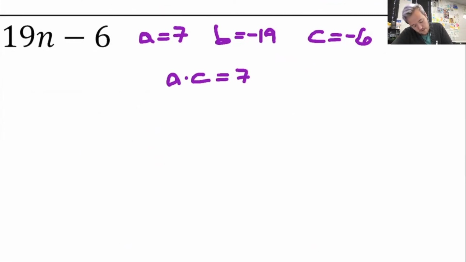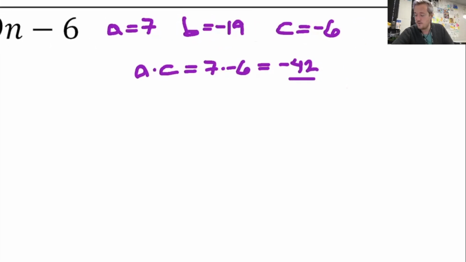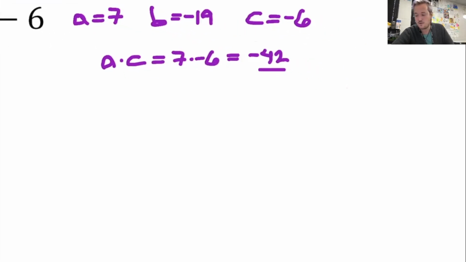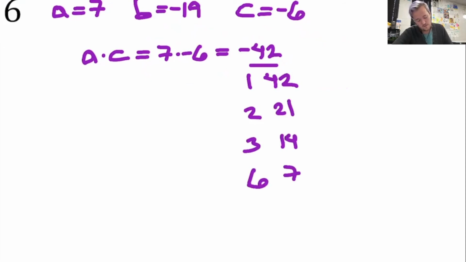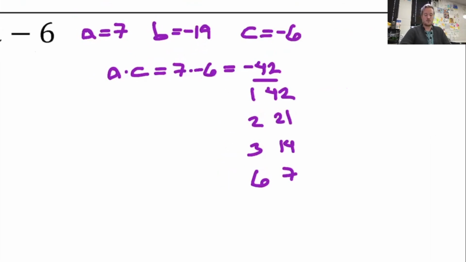So 7 times negative 6, which gives you negative 42. All right, so we want the factors of negative 42. So we want 1 and 42, 2 and 21, 3 and 14, and 6 and 7. All right, so we want these to add up to a negative 19.